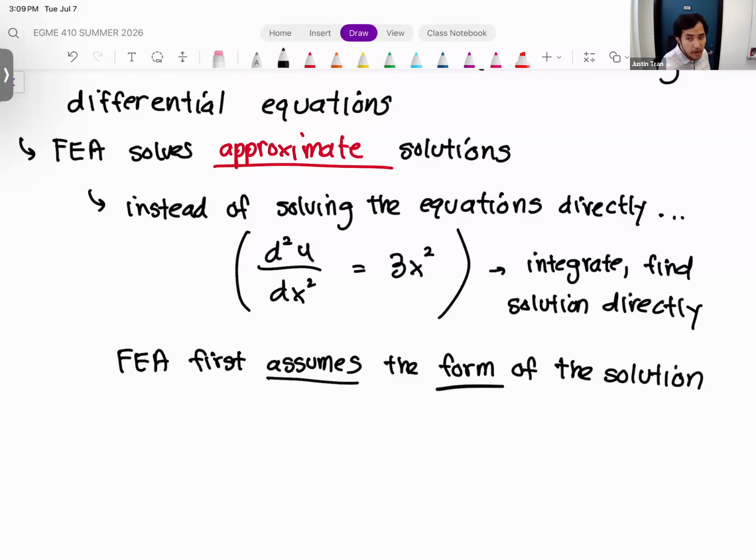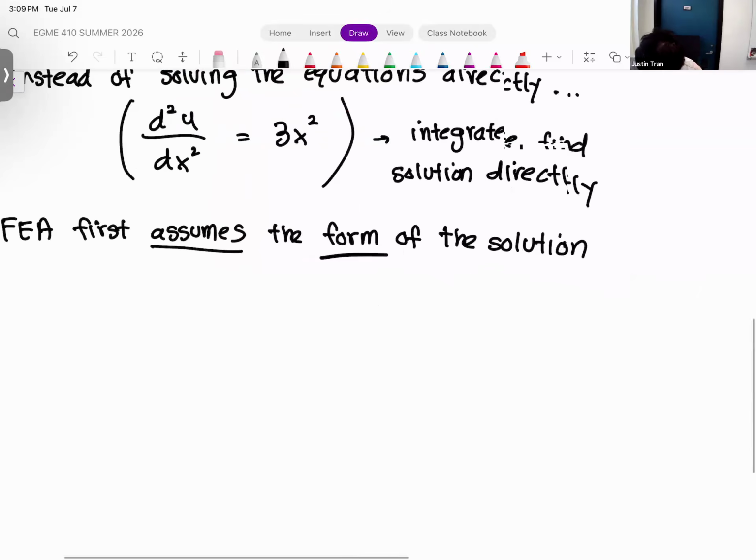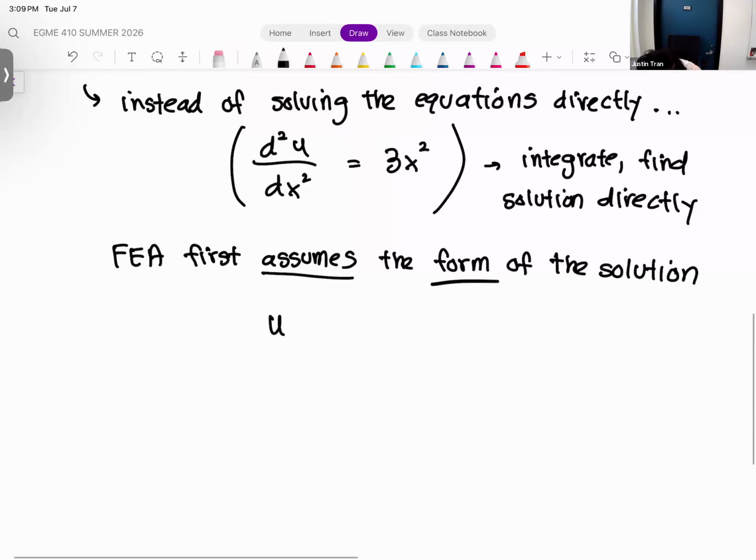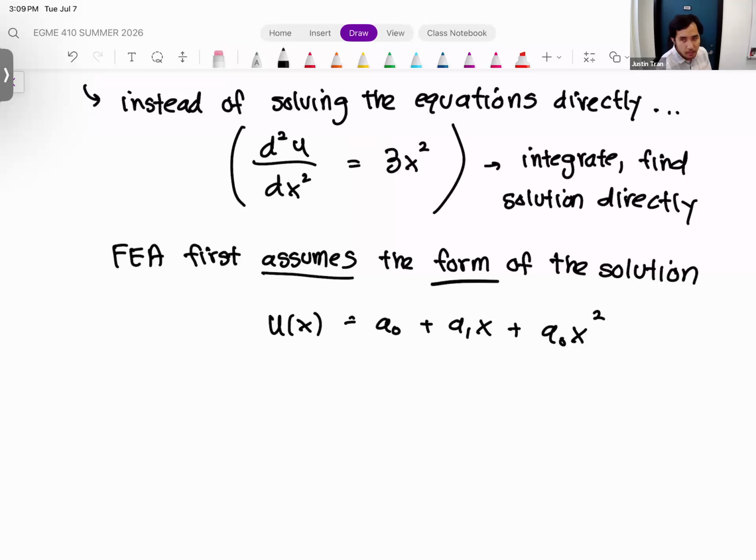We're going to find the best quadratic function that solves this equation. Before we even solve the problem, we make this assumption about what the solution actually looks like.